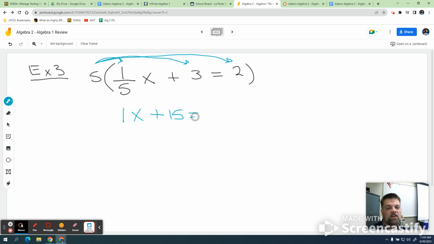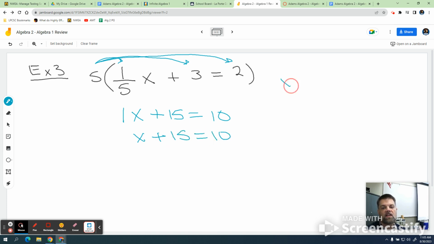Now, my math professors would kill me for saying it that way, but that's an easy way for kids to remember what's positive and what's negative, or if you keep it as an addition or a subtraction expression. Okay. What's 5 times positive 2? 10. All right. So now I basically have x plus 15 equals 10.